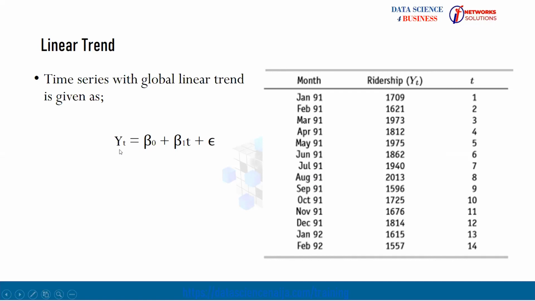This value, this Yt, okay, is the outcome variable, where t goes from 1, 2, 3, and is the time index. We usually call it period. So it's used as a single predictor in a regression model. Then the B0 is the level, the B1 is the trend, and this value right here is the noise. So the seasonality is not modeled in the linear trend.